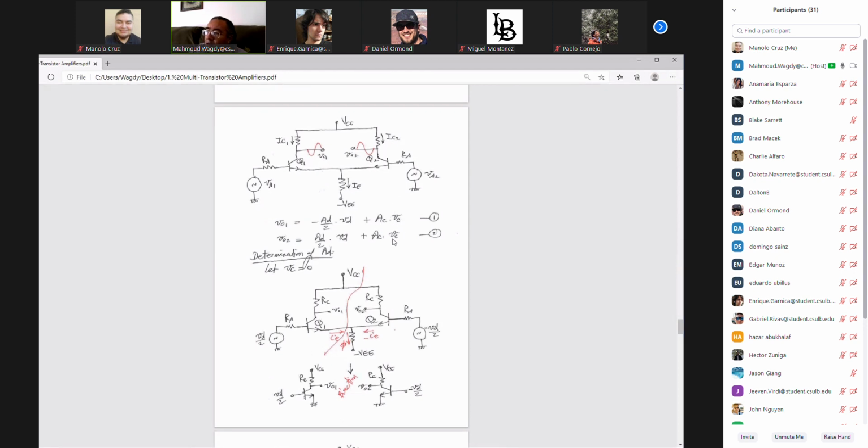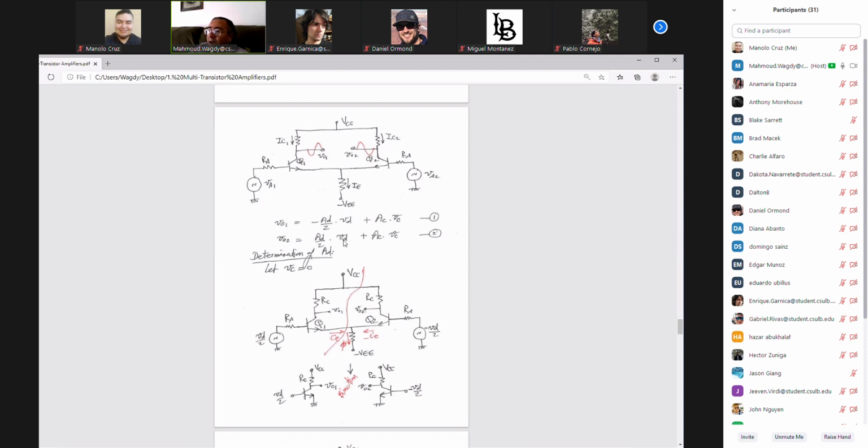Make the common mode component equal to 0, meaning that the average of the two inputs is 0. That makes the common mode component equal to 0. This way you will end up with one equation and one unknown. You know VO1 and you know VD, so you will be able to determine AD.